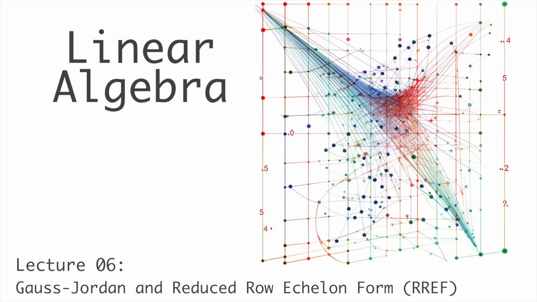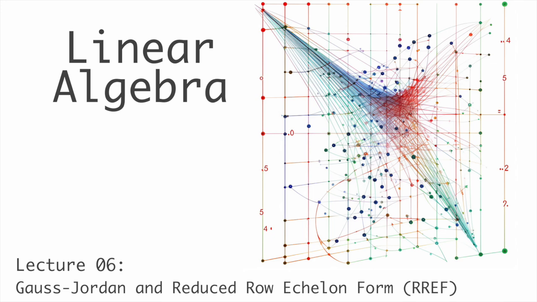In this section we're going to add on to what we discussed in the previous section, where we talked through Gaussian elimination and introduced the idea of row reduction and row operations. We're going to go a little further in this one and introduce Gauss-Jordan row reduction, and then ultimately the reduced row echelon form, which will become important for the things to follow.